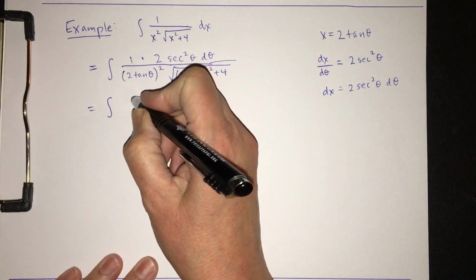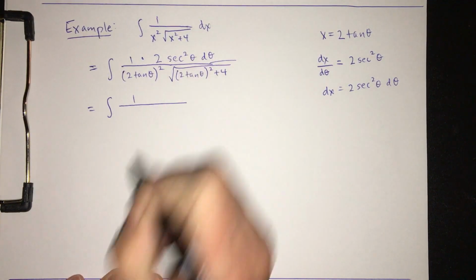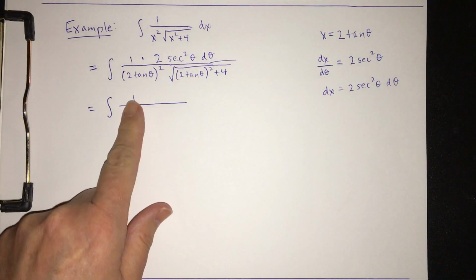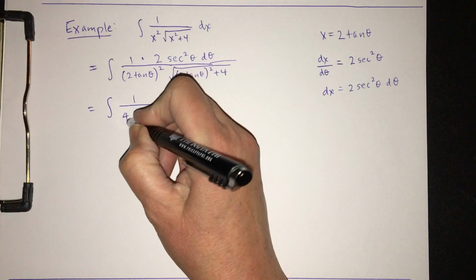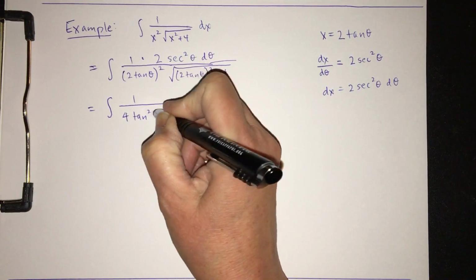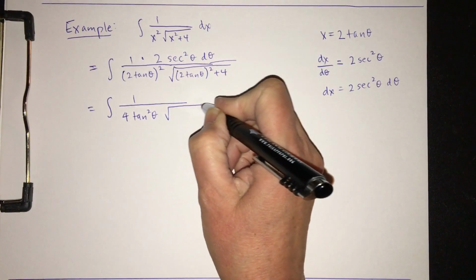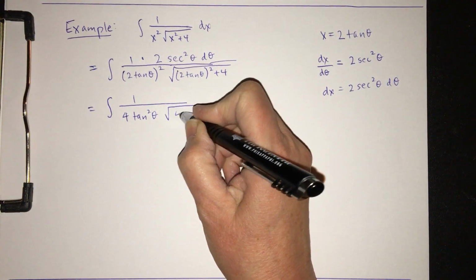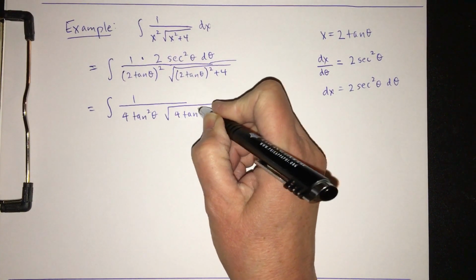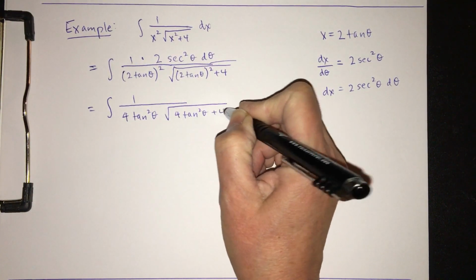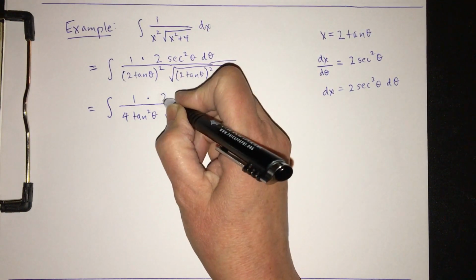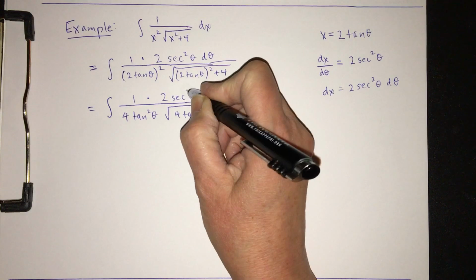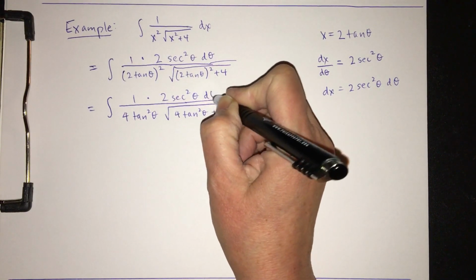And I will start simplifying this problem. So I'm going to have the integral of 1 over 4 tangent squared theta, and then times the square root of 4 tangent squared theta plus 4. And in the numerator, I'll have 2 secant squared theta d theta.